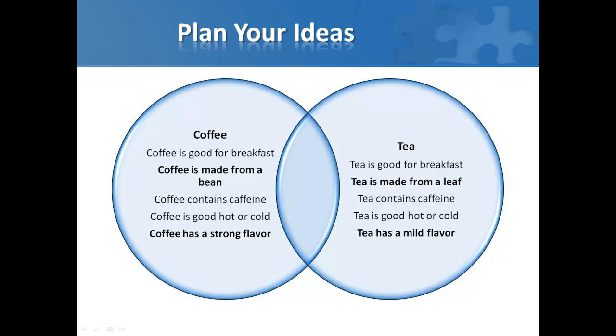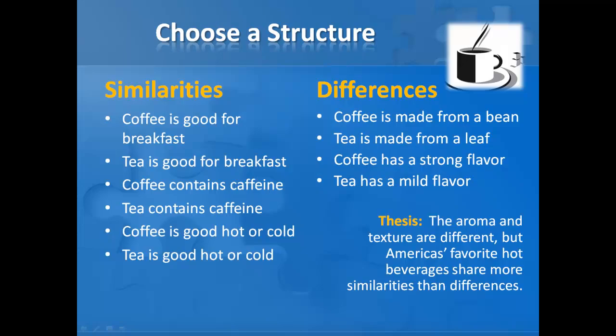Now, what are the points of contrast? Yes, those are the ones highlighted in bold. So depending on how you want to go about writing your essay, you might want to focus on the points of similarities, or you might want to talk about the differences between the two.